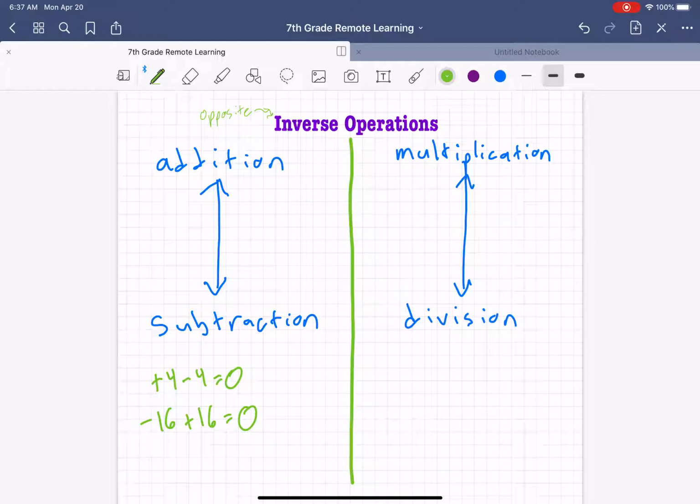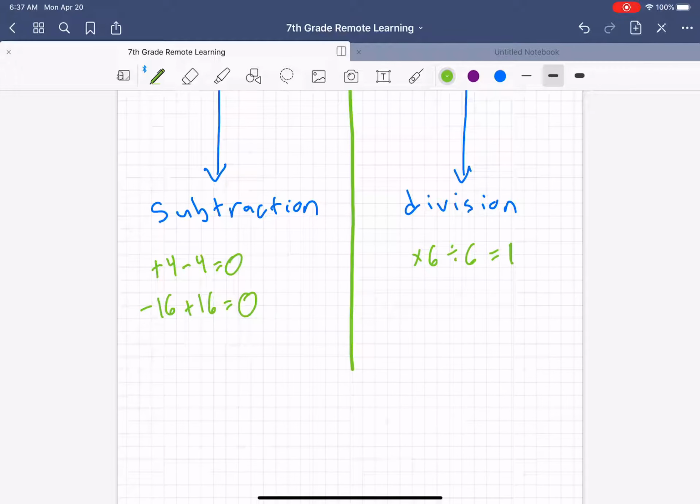So if I am multiplying something by 6 and then I divide by 6, I get 1. So 6 times 6 divided by 6 gives me 1, not 0. You also could think of it like this: times 6 and then divided by 6, because remember, fractions are division.